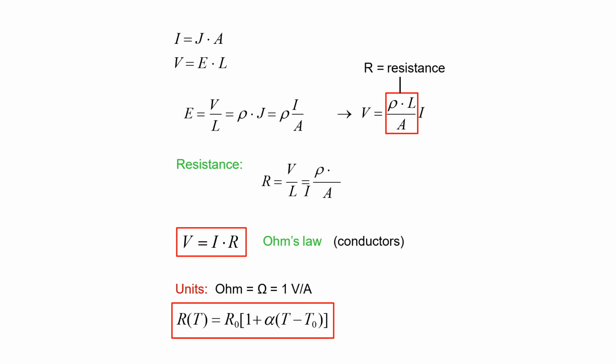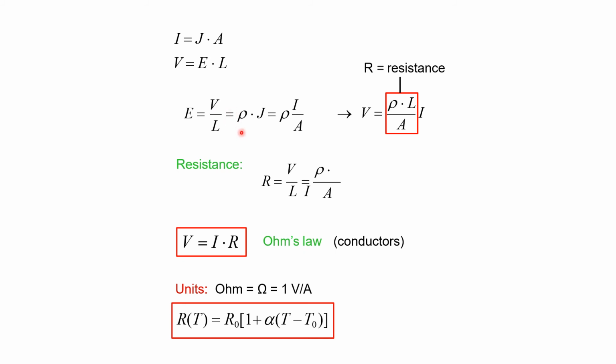Now, these are some of the equations that we have so far from our previous slides. You have your current I, that's equal to your current density J times the area. You have your voltage, which is just your electric field times your length. And if you have these two here, then your electric field is equal to the voltage over your length.